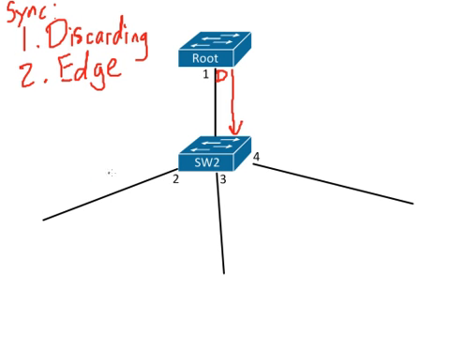Let's say switch 2, port 2 is an alternate port, and this is actually a good use case, because let's say there's another switch over here, and that switch is also connected to the root, because we of course built our network physically redundant. So we're going to see copies of a BPDU from the root.